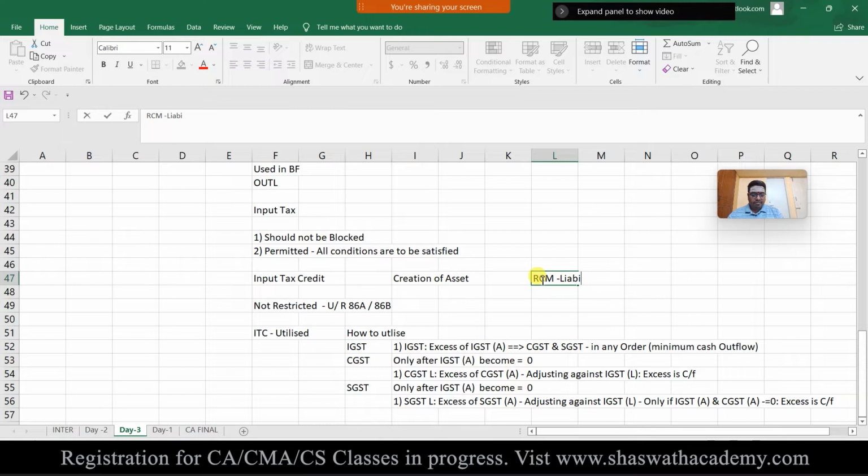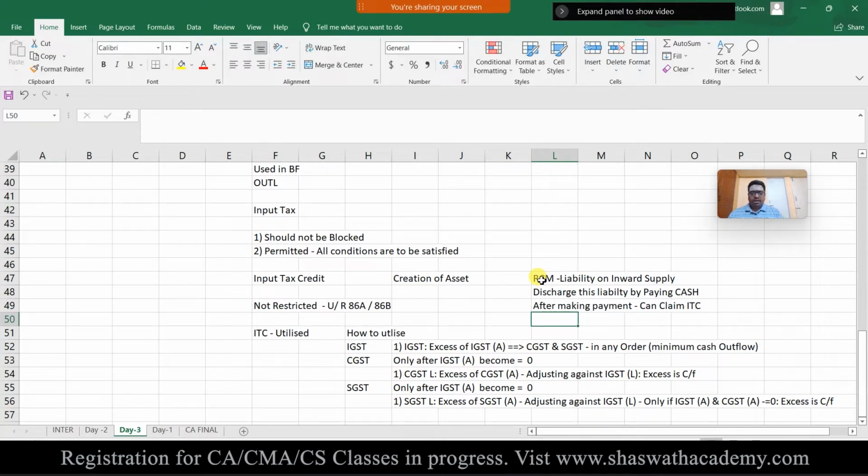Everybody, my dear, are you all with me? It is a liability on inward supply, which means it's a liability on purchases, right? So on inward supply, how can I take credits? You have to discharge this liability by paying cash, and after making payment, you can claim ITC.